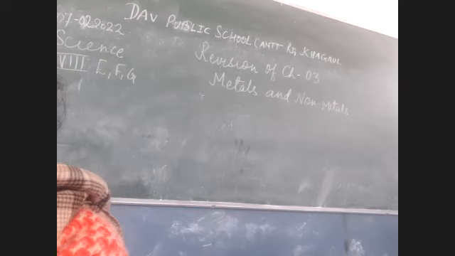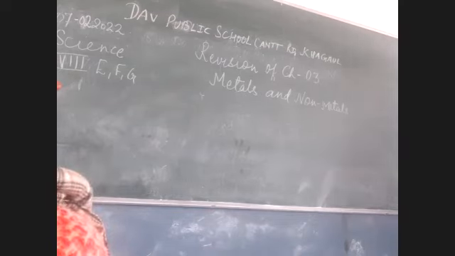Melting points and boiling points. Metals generally have high melting as well as high boiling points. For example, the melting point of iron is 1536 degrees Celsius.